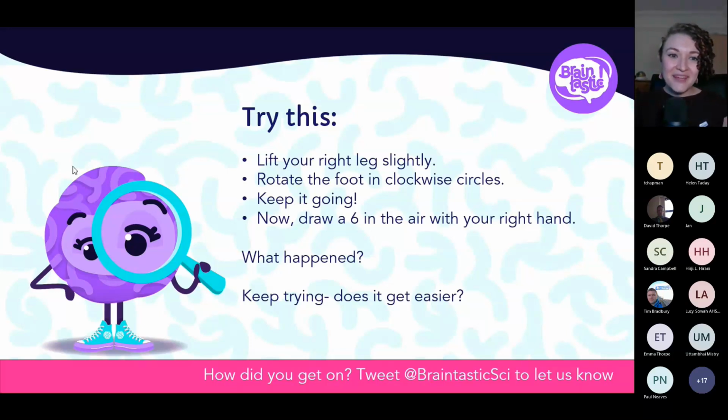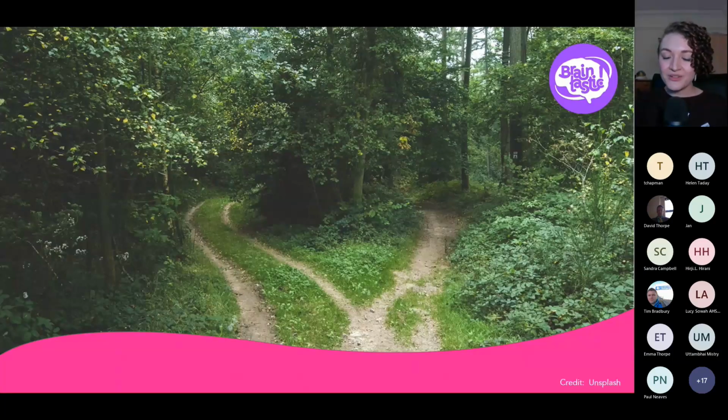Brilliant. So that's the kind of basic cellular stuff of what's going on in our brain when we learn new things. Now we're going to zoom out a little bit and look at the whole brain. And I like to think of the brain as a whole as a bit like a really thick forest. So when you're learning something new, it's like you're trying to find a new path through the forest.